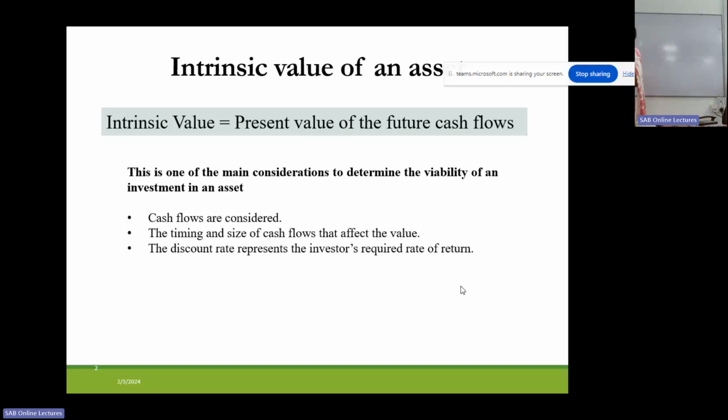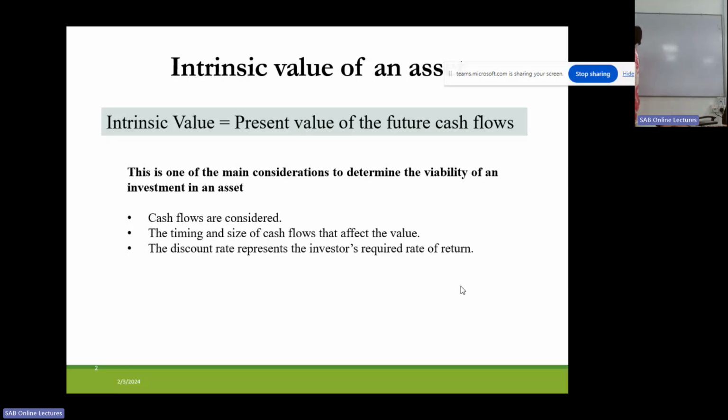In bond valuation and security valuation, we define this discount factor as the investor's required rate of return. In risk and return, we are going to calculate the required rate of return based on the portfolio. So the intrinsic or fundamental value equals the present value of the future cash flow of any asset.